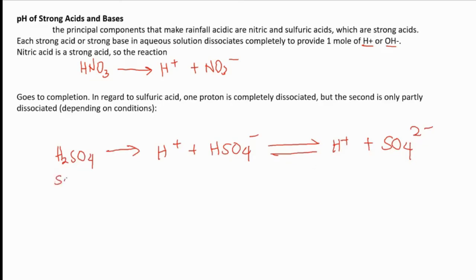This is your sulfuric acid, this is your bisulfate, and this one is your sulfate ion. Then you have your nitric acid, and this is your nitrate. Its Ka is equal to 0.001.